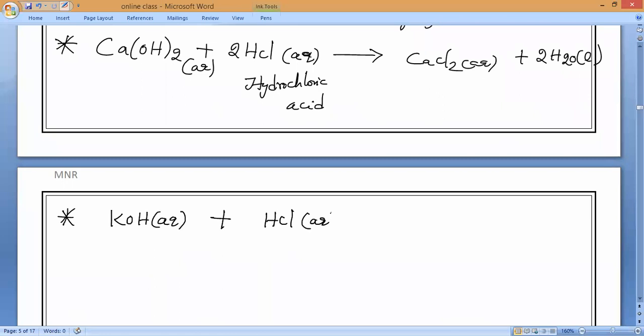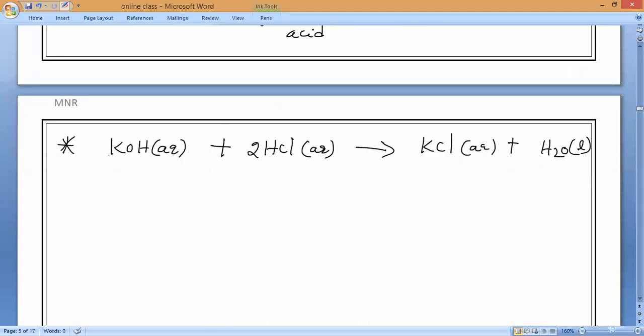What will come, guys? Potassium chloride plus water, H2O. I am taking potassium, not calcium. K means potassium.